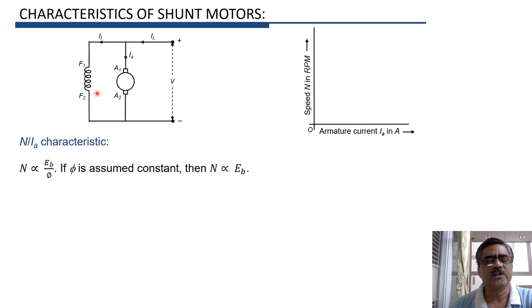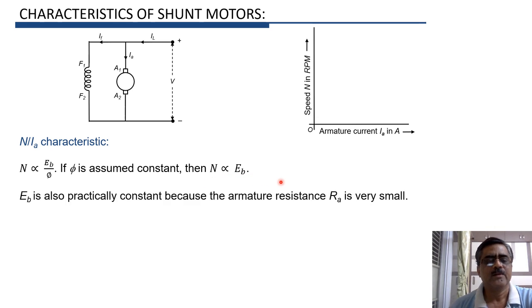In shunt motors, IF is almost constant from no load to full load, and if IF is constant, phi is also practically constant. So if phi is assumed constant, N is proportional to EB.